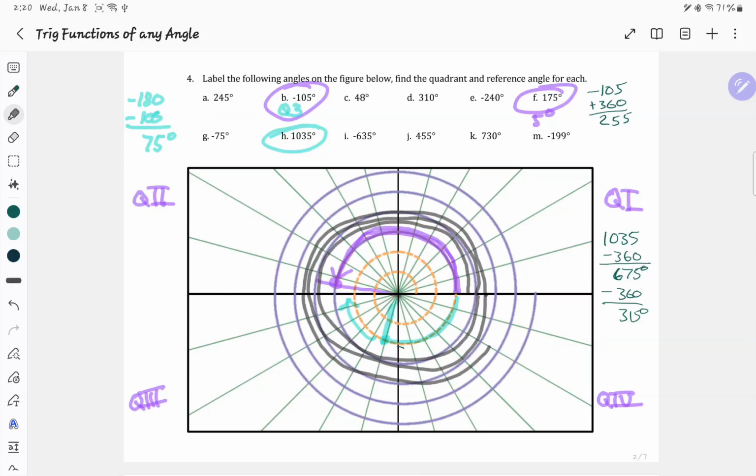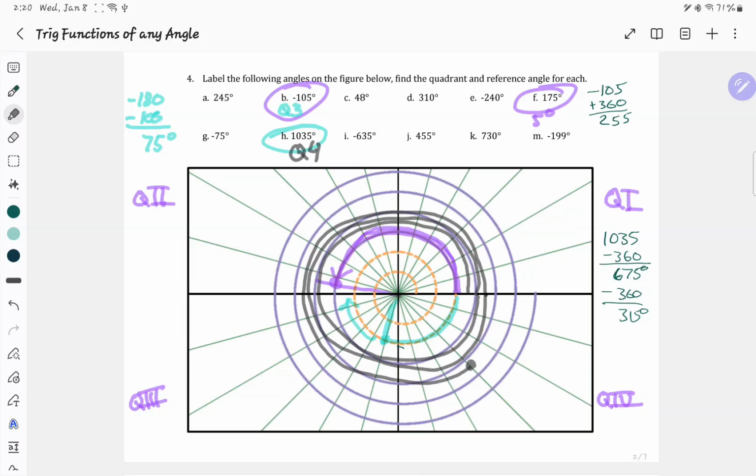So 315 would end right around here, so I went just a little bit too far. It's like 270 plus an extra 45, so we would end right about there. So we've gone around 360 twice plus that extra 315. The main thing you're looking at is where you're ending, which is quadrant 4. So this is going to be quadrant 4.